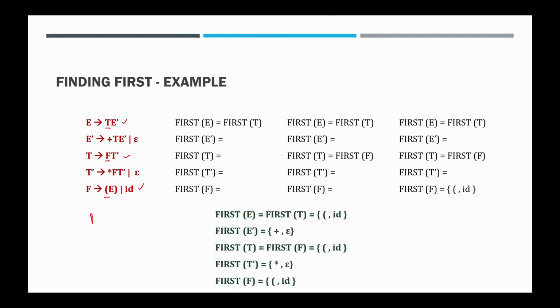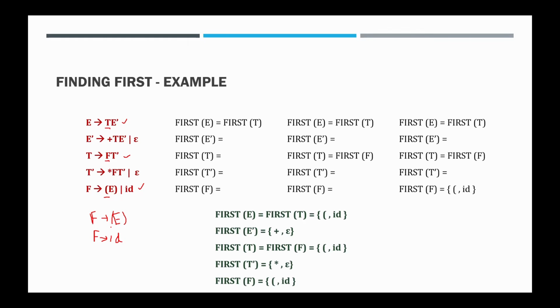The F production is F tends to open parenthesis E close parenthesis, please bear with my handwriting, and we also have another production, F tends to id. So when we find first of F, we need to consider these two productions.